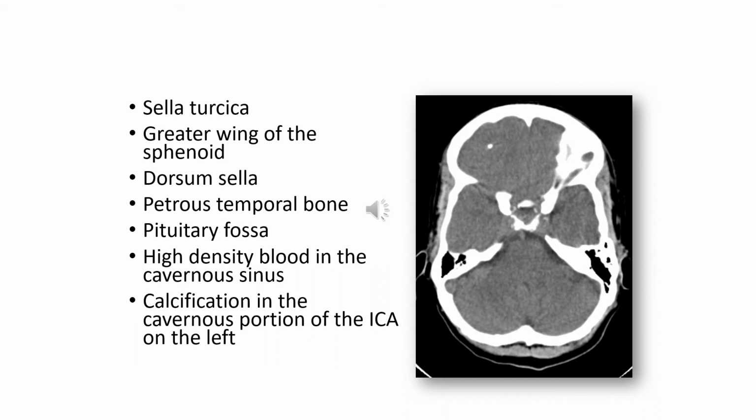We can just see some little nodules of calcification now within the cavernous portion of the internal carotid artery. This is seen especially on the left side. Remember, we previously saw the supracavernous portion of the internal carotid artery before it divided to form the dominant right and left middle cerebral arteries that we had seen previously.